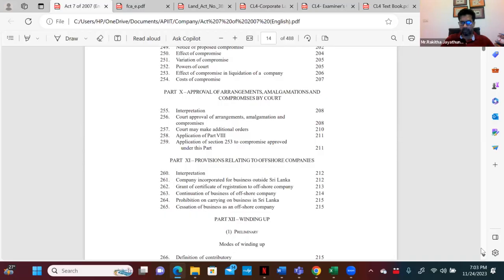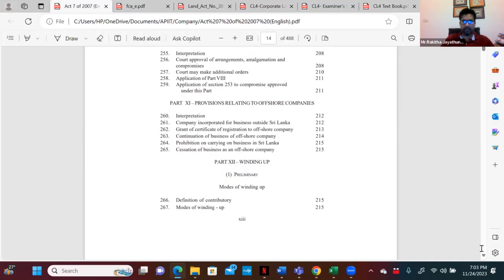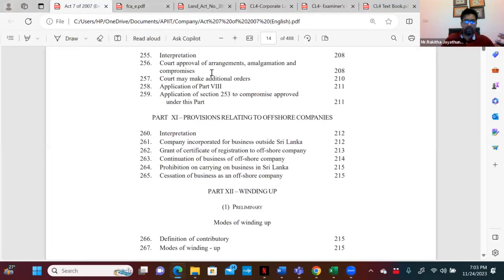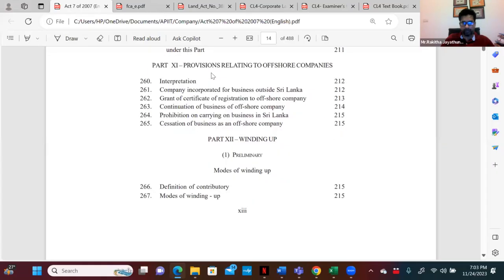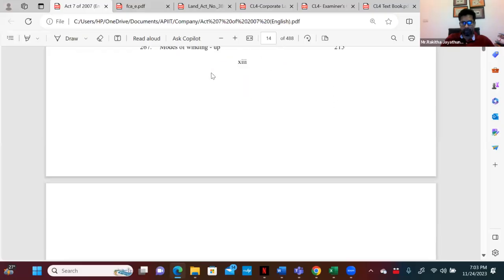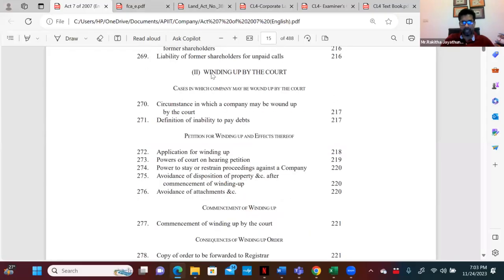Now you can see the winding up chapter, Part 12 of the Companies Act on winding up. Here, modes of winding up, but all these things are not relevant straight away.